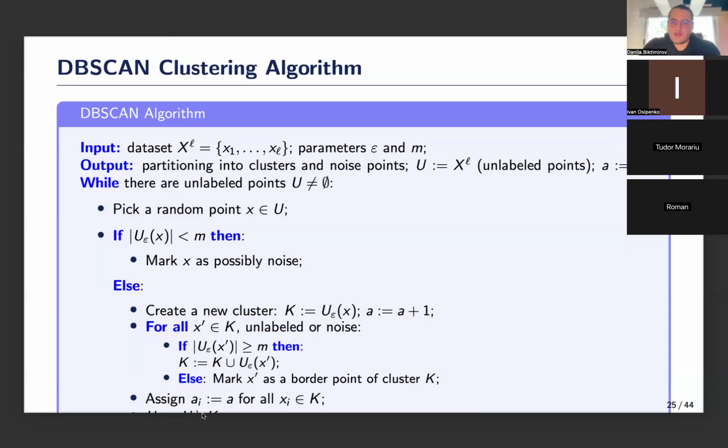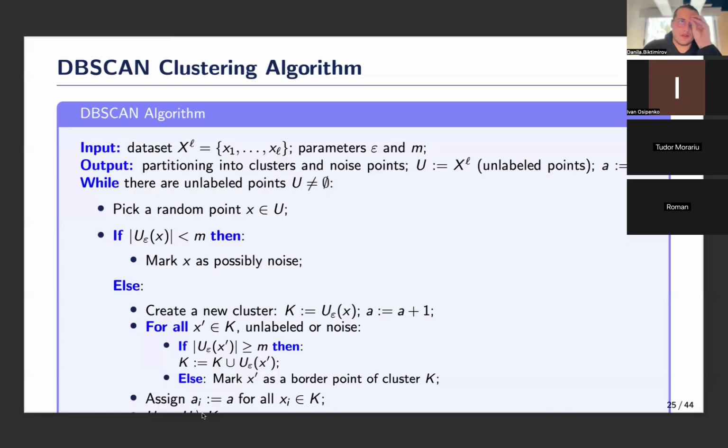Step-by-step explanation. All points start as unlabeled. We iterate through each point x in the dataset. If x has at least m neighbors within distance epsilon, a new cluster is created. All points within x's neighborhood are added to that new cluster, and the search continues recursively to expand this cluster.